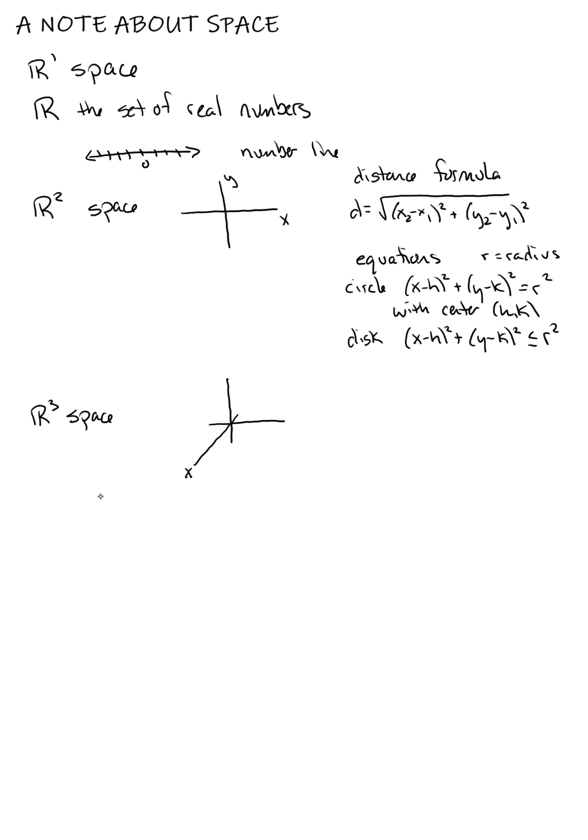I'll label this one as the x-axis, the y-axis, and the z-axis. And you can see, of course, that we have the positive going to the right or down or out, whereas the negative goes in front of us, to the left or down or away from us.